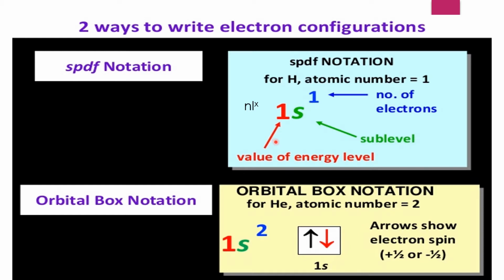So this notation is known as SPDF notation, which is written as nlx. The next one is orbital box notation. I'll explain this after finishing the nlx method, because we have to go into detail on how it has to be written.